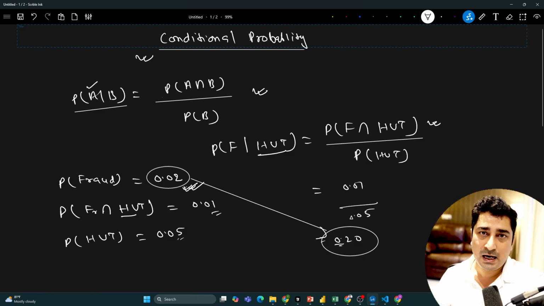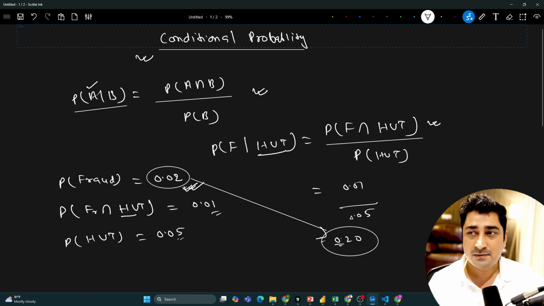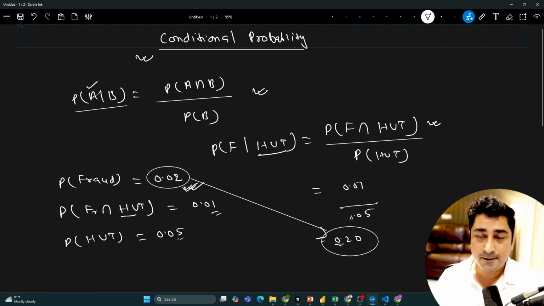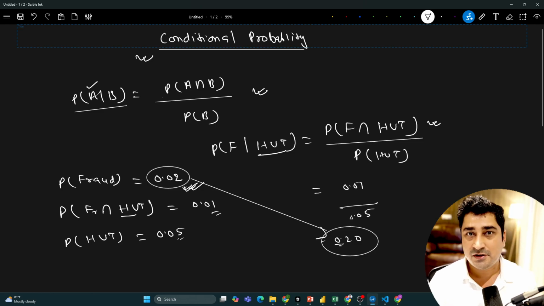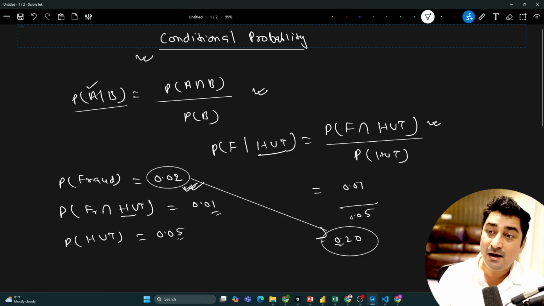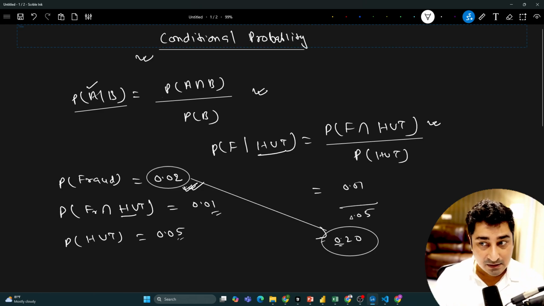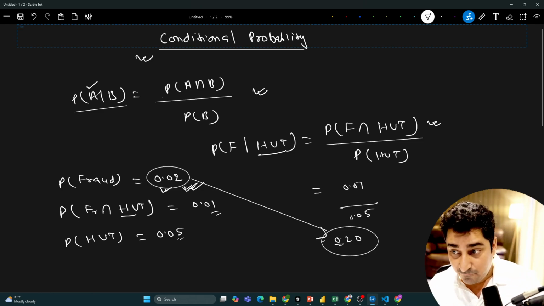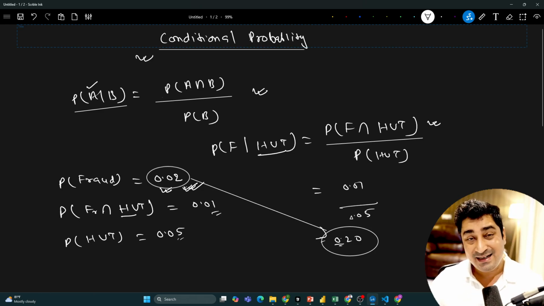So obviously my system is supposed to take action here and observe high volume transactions regularly, or I have to do something with respect to them, because I'm getting more risk, 10 times higher than the normal fraud that I used to observe, which was 2%.